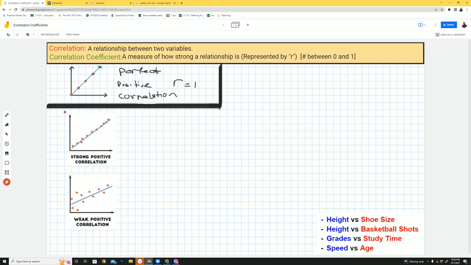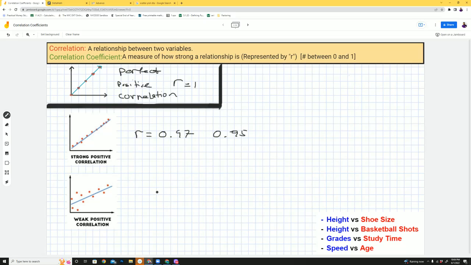Here we have an example where the dots are a little more scattered, but it's still really close to a straight line. This would be a strong correlation, so the number will be close to 1. It could be 0.97, 0.95. These are some examples. Tomorrow we'll look at how to exactly determine the correlation coefficient, but today we're just going to make some estimates.